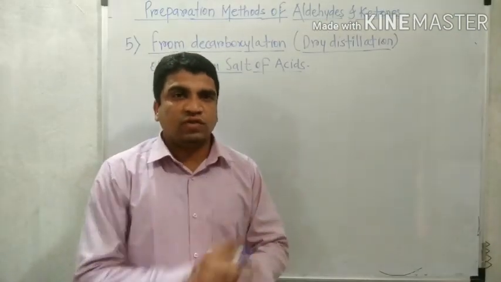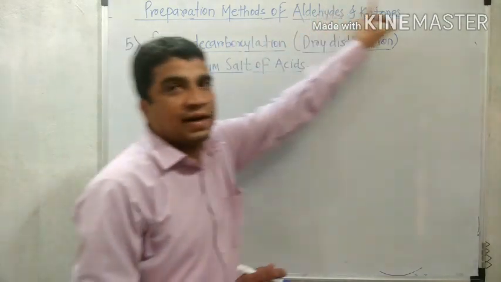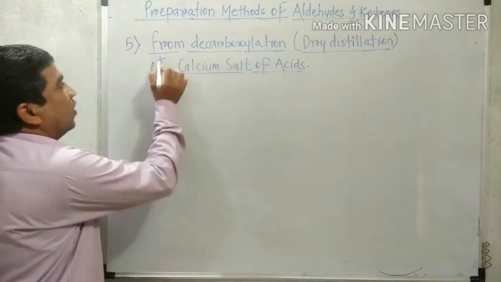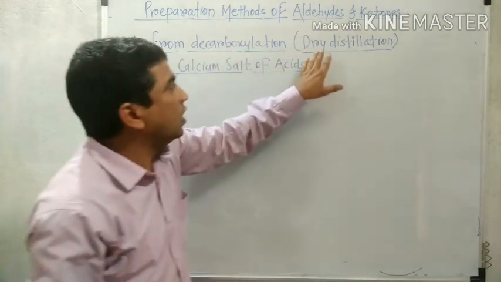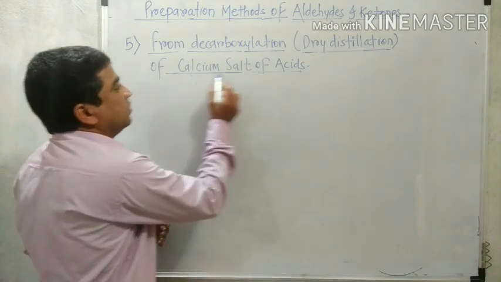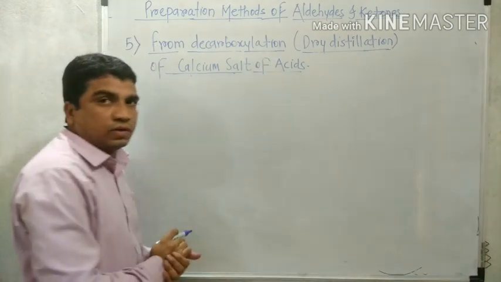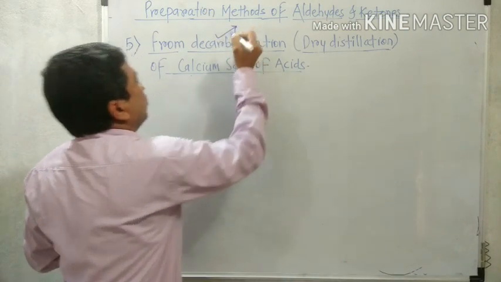After the ozonolysis of alkene, the fifth method for the preparation of aldehyde and ketone is decarboxylation, also called dry distillation of calcium salt of fatty acid. What is decarboxylation?